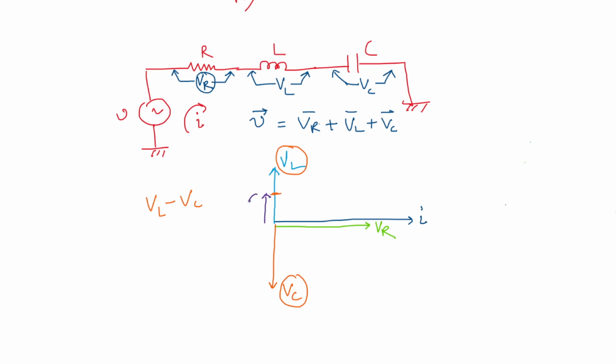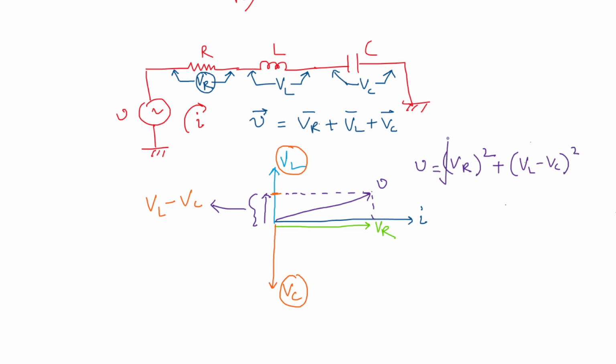So the phasor summation of VR and VL minus VC will be the supply voltage. So V is equal to the square root of VR square plus VL minus VC whole square. This angle is phi, which is the power factor angle.